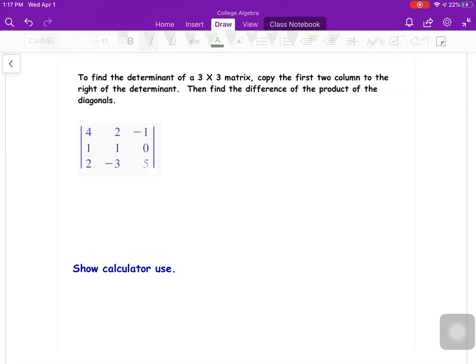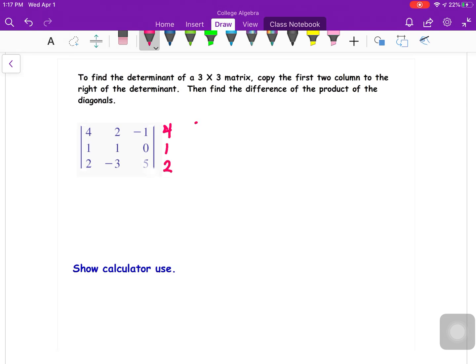If you are finding the determinant of a 3 by 3 by hand, what you want to do is copy your first 2 columns. So 4, 1, 2, 2, 1, negative 3. So now I'll have 3 diagonals, and I want the product of those 3.